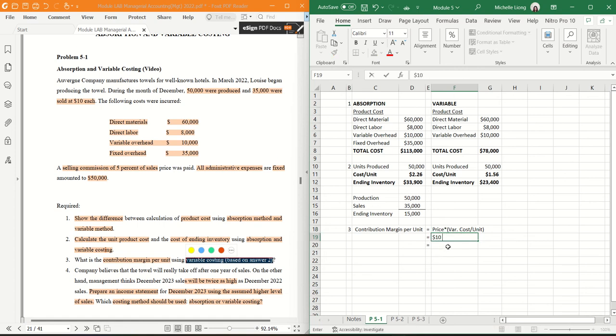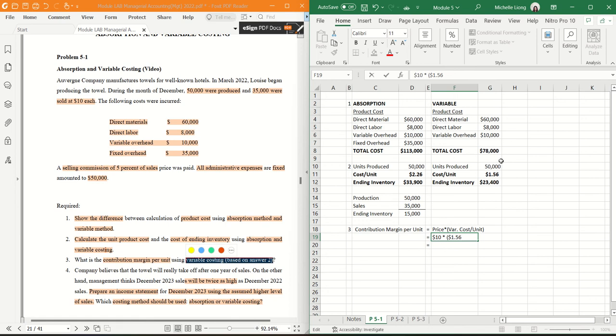We have $10 right here, right? We sold for $10 each. The variable cost is $1.56 based on this, right? But remember that we have another variable cost happening right here.